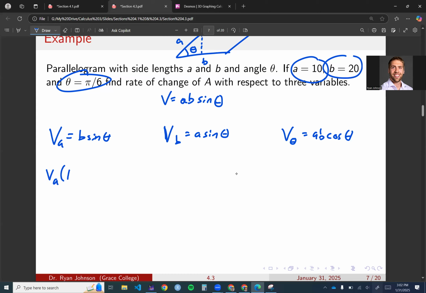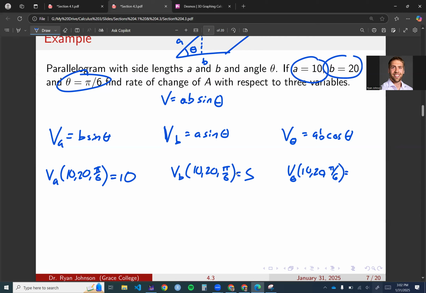So VA of 10, 20, pi over 6 is going to be 10. And VB of 10, 20, pi over 6 is going to be 5. And V theta of 10, 20, pi over 6 equals 200 times square root of 3 over 2, so 100 square root of 3. Right? How do we interpret these numbers? What do they mean?